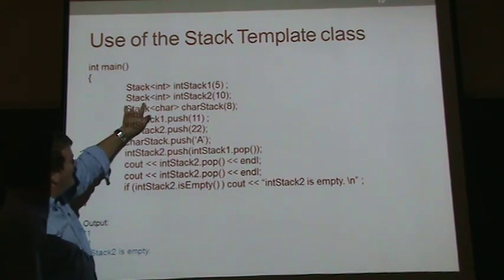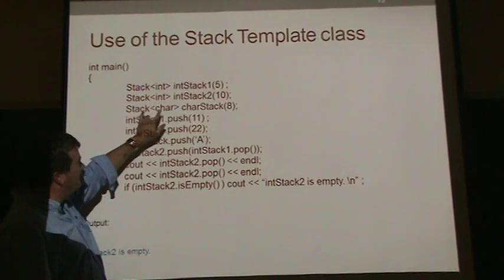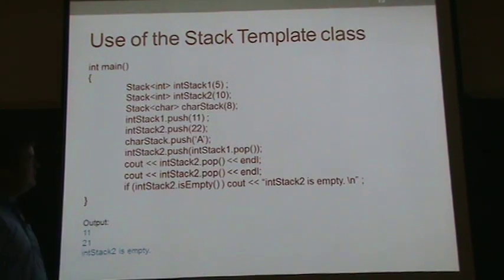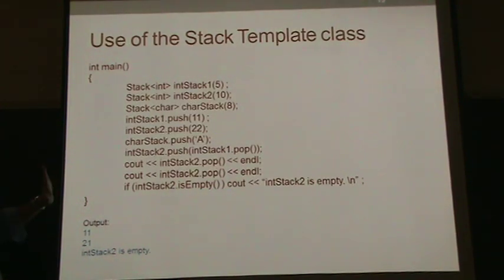Then I can make another stack of integers called int stack 2 of size 10 if I want. Then I can make a stack of characters, called a character stack. So now it becomes very easy to declare these things and just start calling those functions, because if we get all the bugs out of our template, then the types shouldn't matter much.